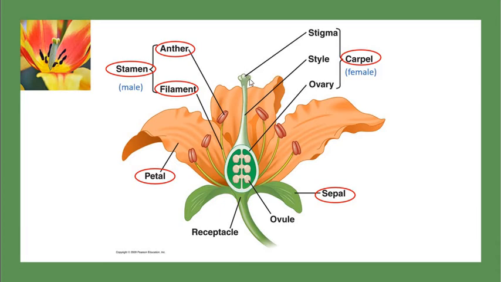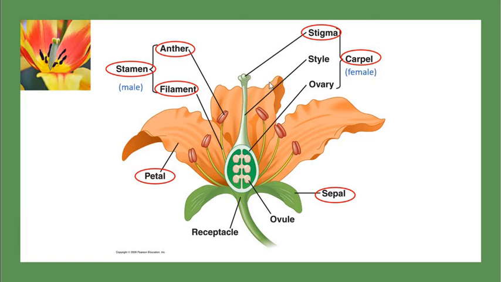Sitting up at the top, right here, you have the stigma. This whole thing, by the way, is known as a pistil. P-I-S-T-I-L, not like the gun. This is the pistil, and the top of it, the stigma, is very sticky. It actually releases a liquid, which you may have noticed if you've ever paid attention to certain flowers. It's a sticky liquid so that the pollen will stick to it.